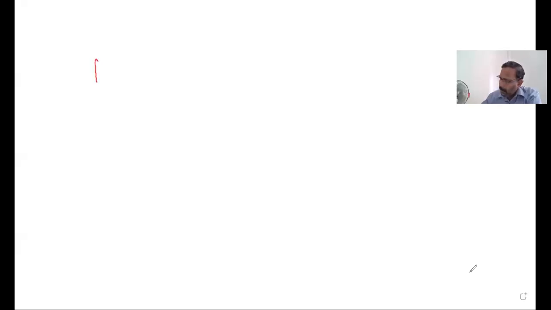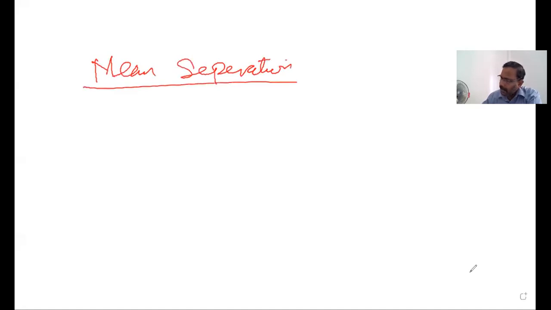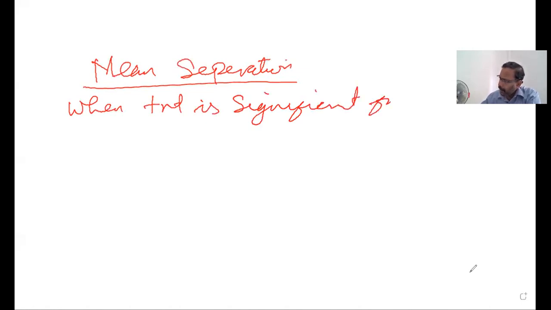Then we will go back to mean separation. So mean separation is done when the treatment is significant from the ANOVA table.